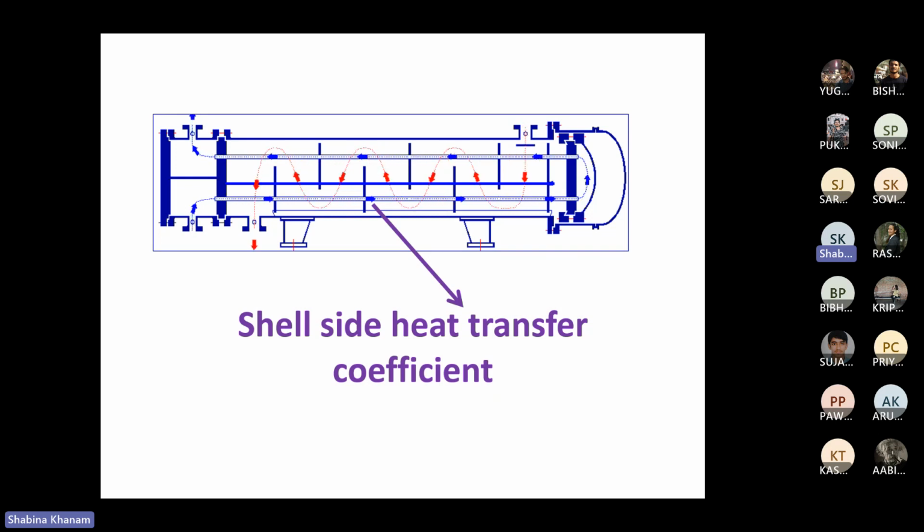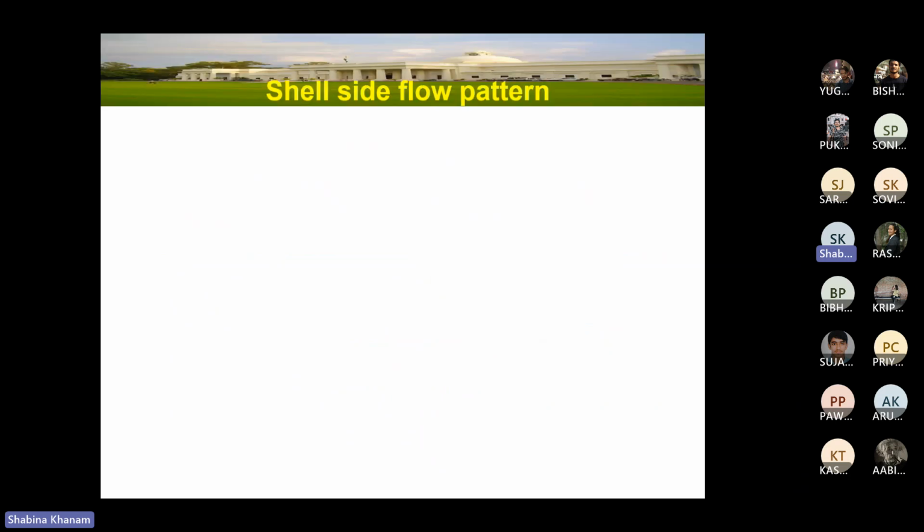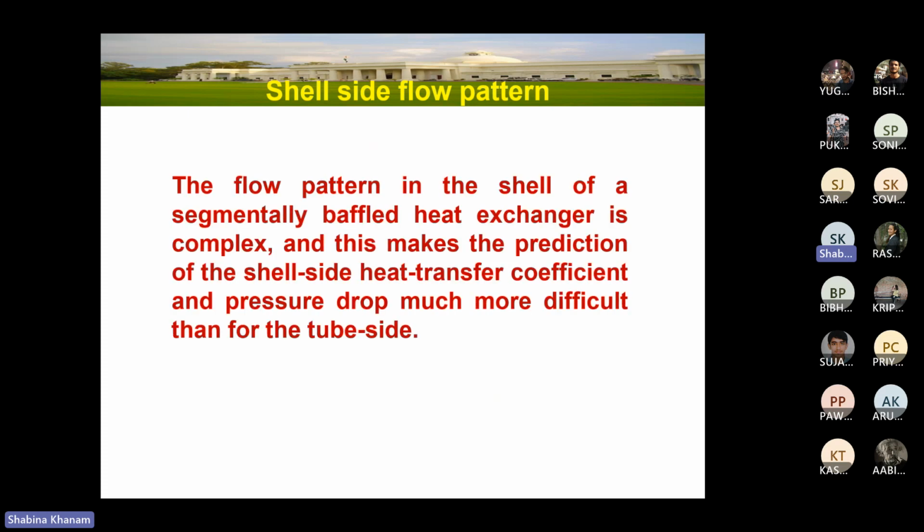But if you consider the shell side, I have a complete bundle of tubes through which fluid will flow. I have baffles, tie rods, support rods, everything is there. So the geometry of the shell side is much more complicated, and therefore we should understand the flow pattern in the shell of a segmentally baffled heat exchanger.